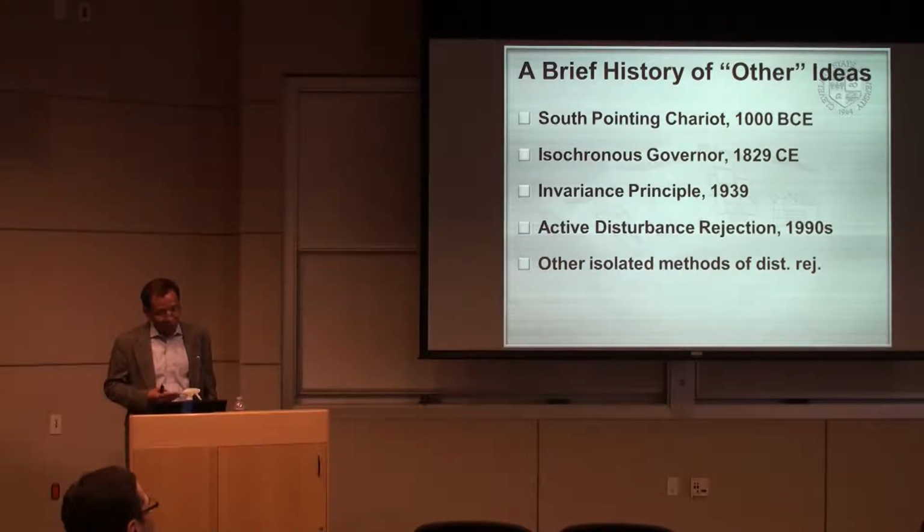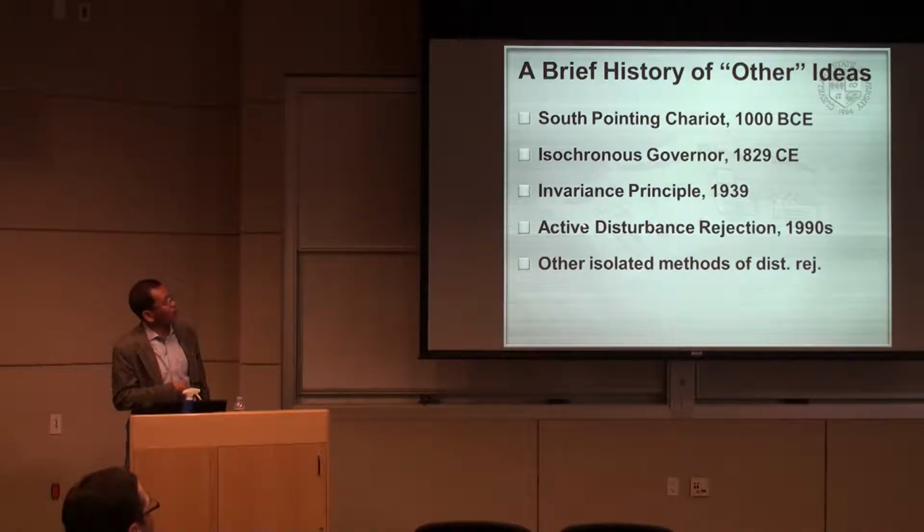Right? So with that, let's look at a brief history of some other ideas. And that's a long history, right? We're going to look at the south-pointing chariot. This is mentioned in the history of China, going back thousands of years.